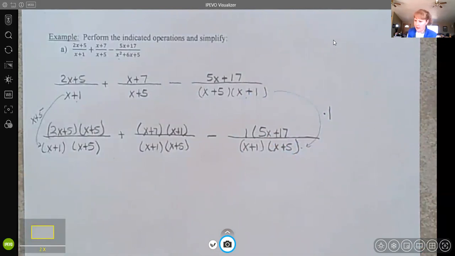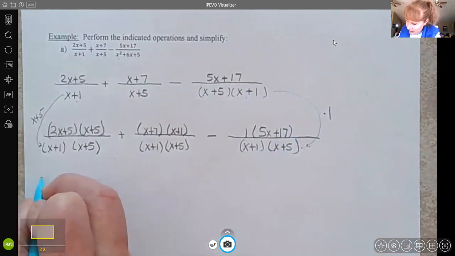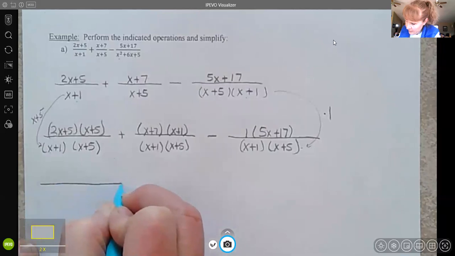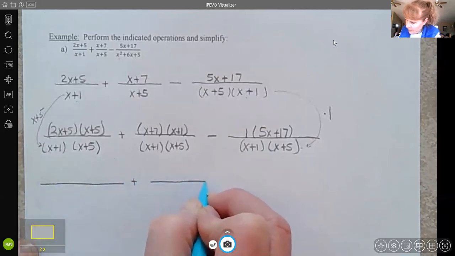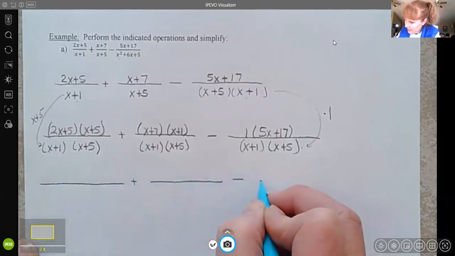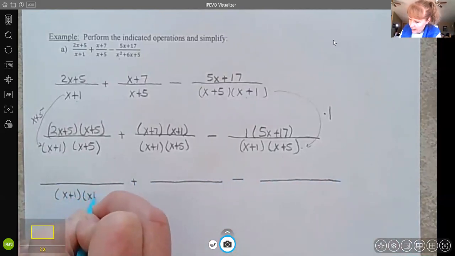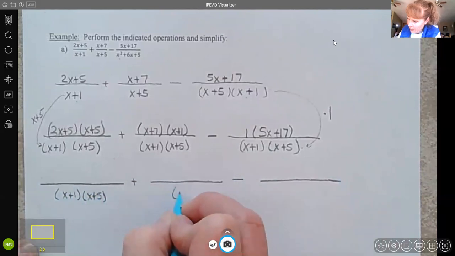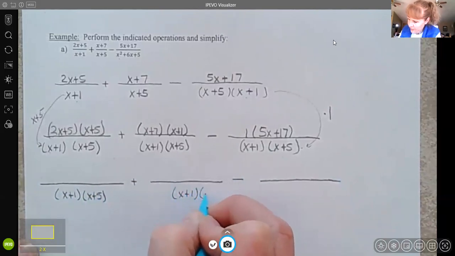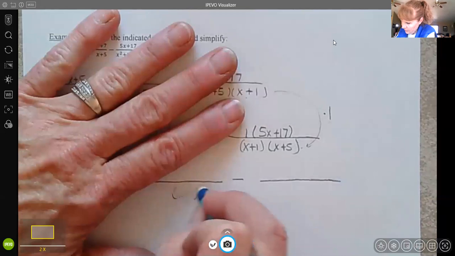Let's go ahead and, I keep forgetting this last parentheses. Okay, I'm going to do that here. All I'm going to do is multiply the numerators, x plus 1, x plus 5. And hopefully I'll have enough room. Oh dear, I should speed that over a bit.